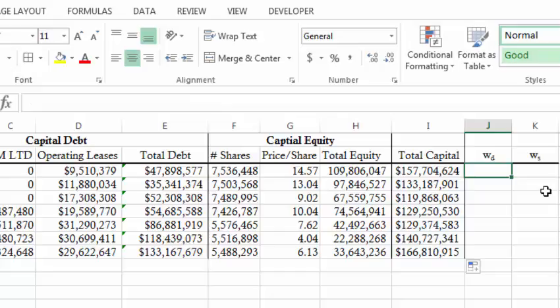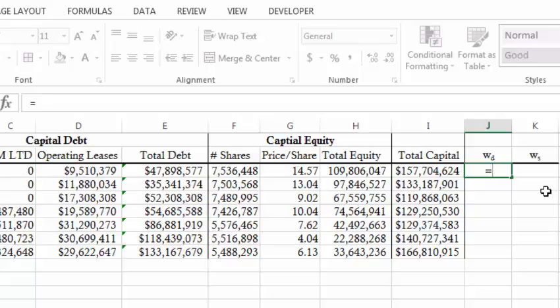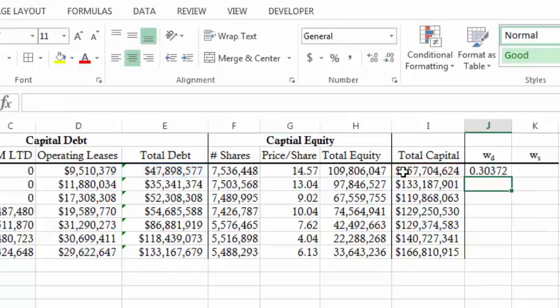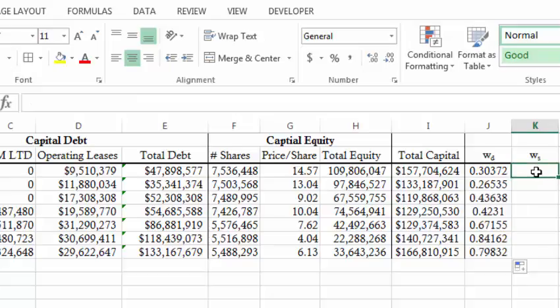And now the WD for that time period, and this is not the target WD, this is just how much of the total is in debt. So I'm going to look at total debt divided by total capital. So we have 30%. It has been as high as almost 80%.